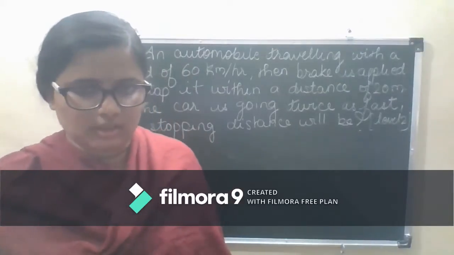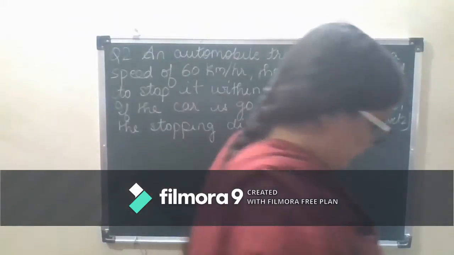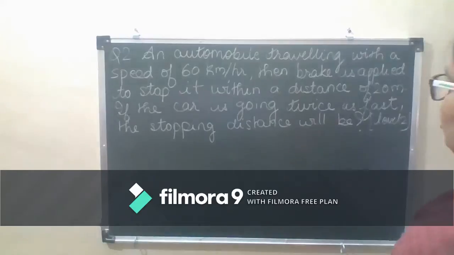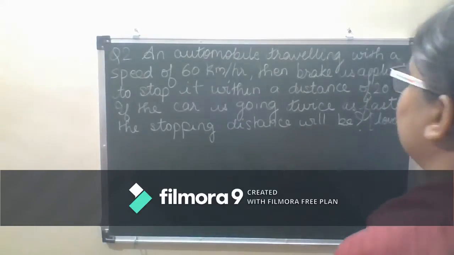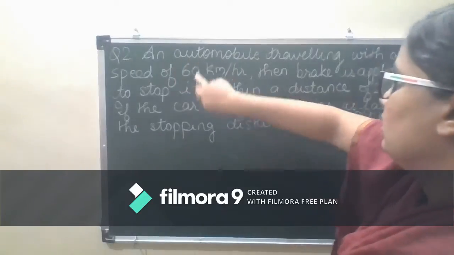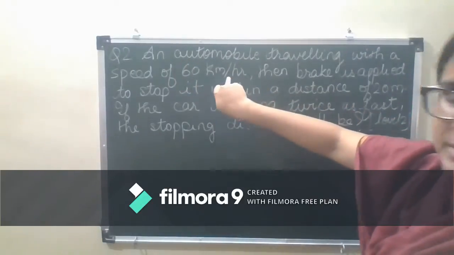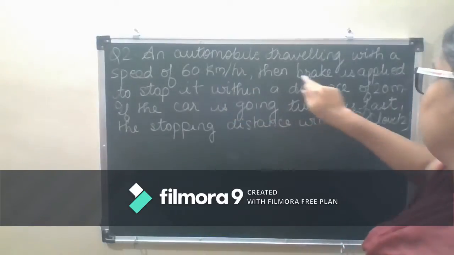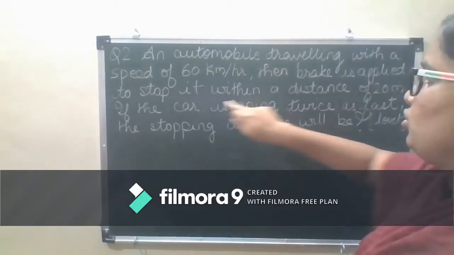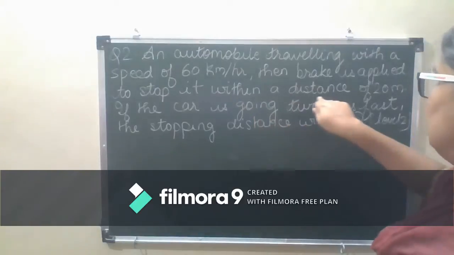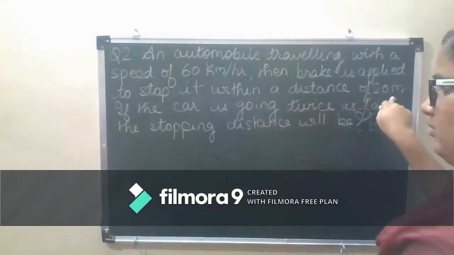Now consider another example. An automobile traveling with a speed of 60 km/h applies a brake to stop within a distance of 20 meter.